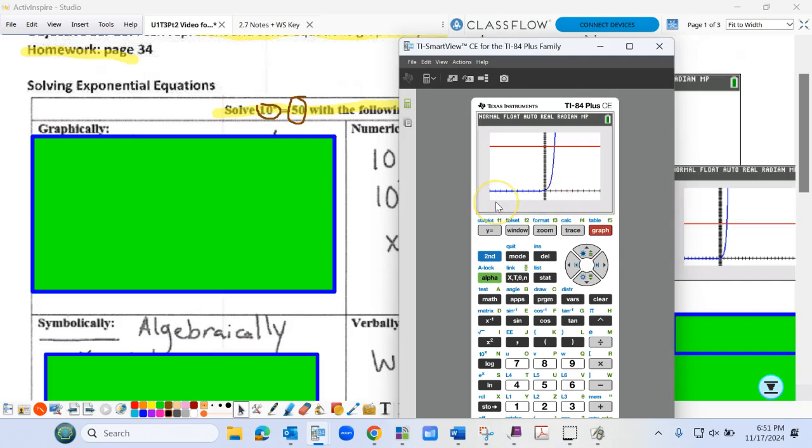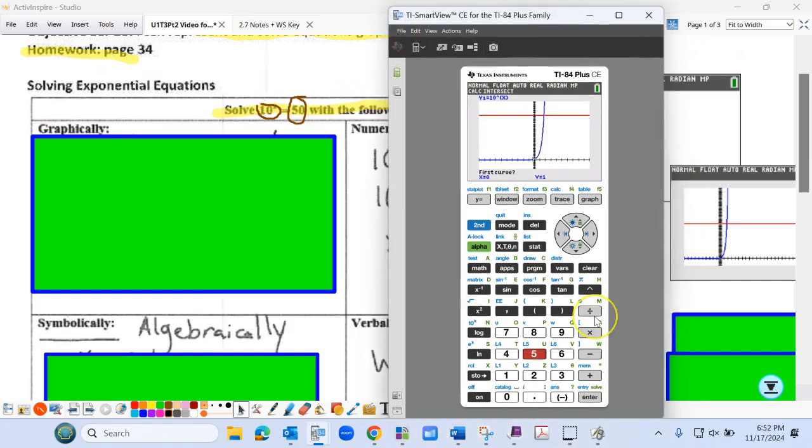Our way of finding an intersection on this calculator is hitting second and then trace, and you can see intersection is number 5. You only need to hit the enter button 3 times to find the x value where 10 to the x equals 50.